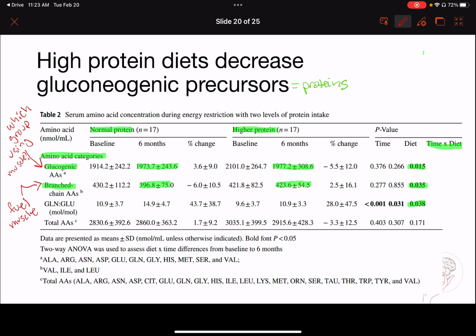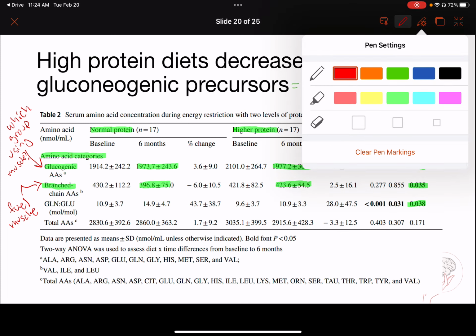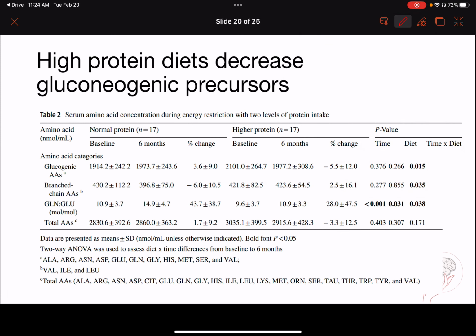So what this is showing is that a high protein diet, so we're still in negative energy balance, is going to spare muscle.